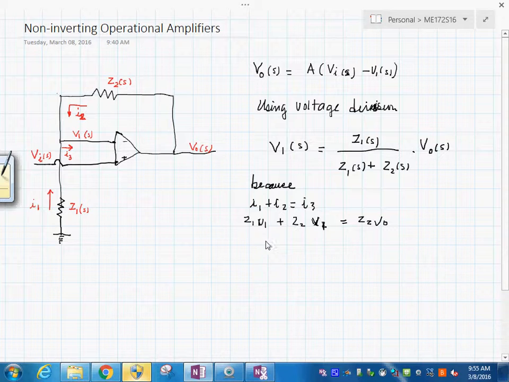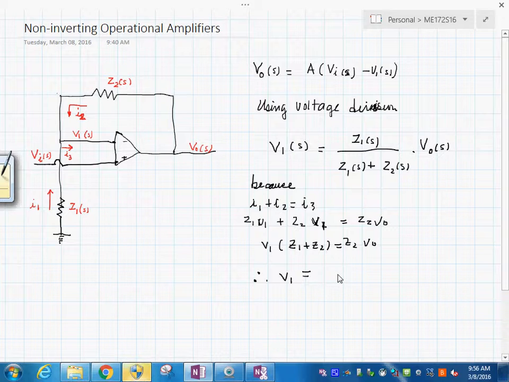Therefore, you can write that V sub 1 is equal to Z sub 2 times V sub 0 over Z sub 1 plus Z sub 2.